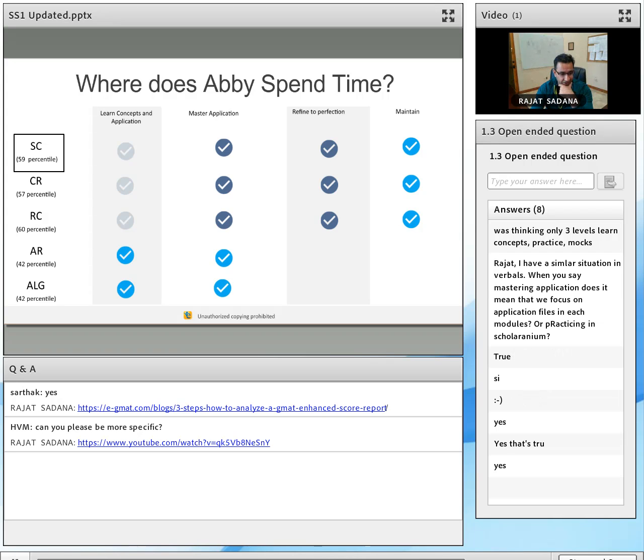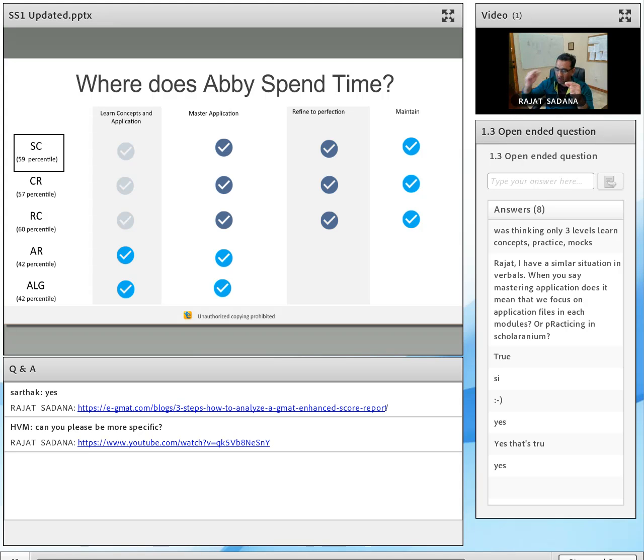All right, I'm going to take a couple of questions now. What does mastering application mean, and how do you maintain performance? Those are two questions that I see in there. Okay. So, what does mastering application mean? Mastering application means that when I see a question in front of me, when I see an SC question, I can really say, I'm going to understand the meaning, I'm going to identify the errors, and I'm going to then do my POE to come to the correct answer.